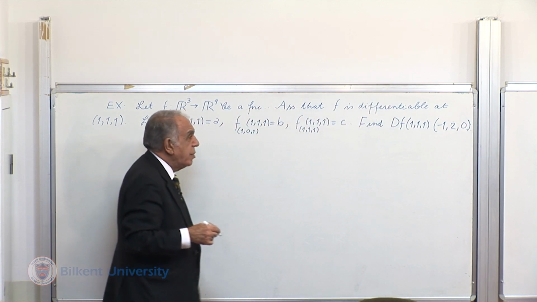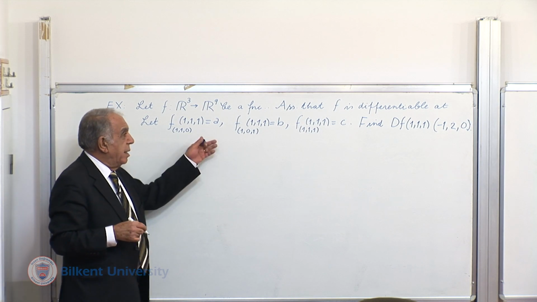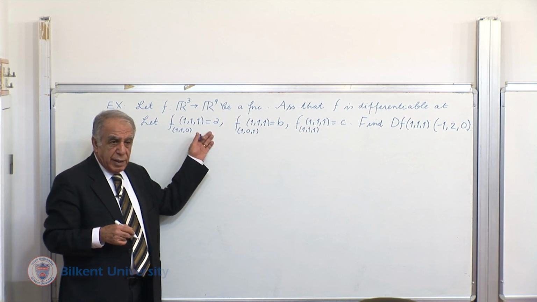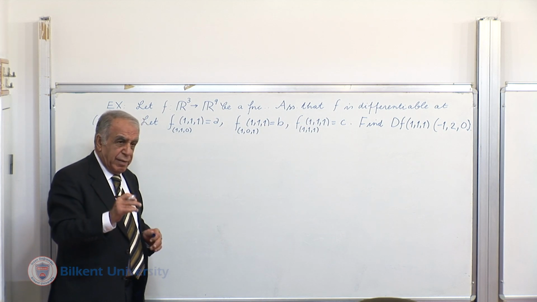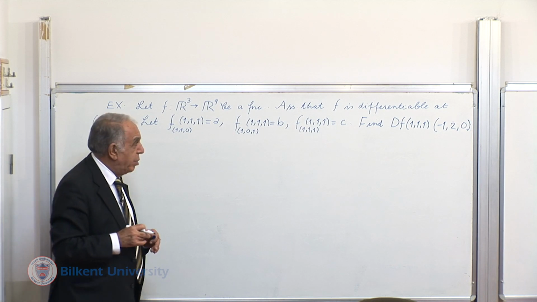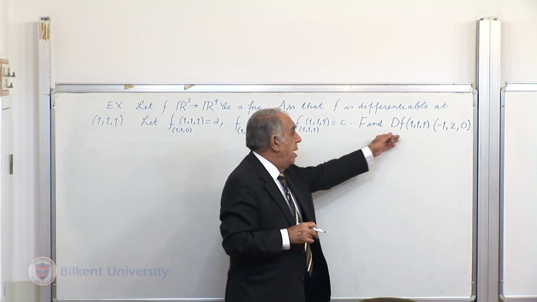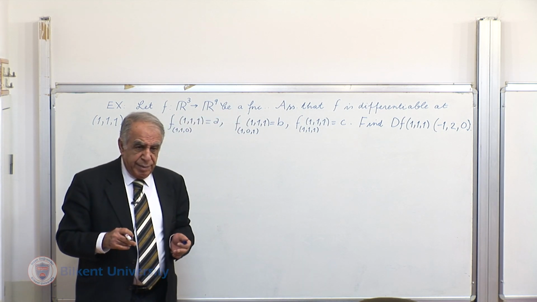Now we will use two things in solving this. One is the relationship between directional derivatives and the derivative of the function at various points, plus that this df at 1, 1, 1, that's a linear map.